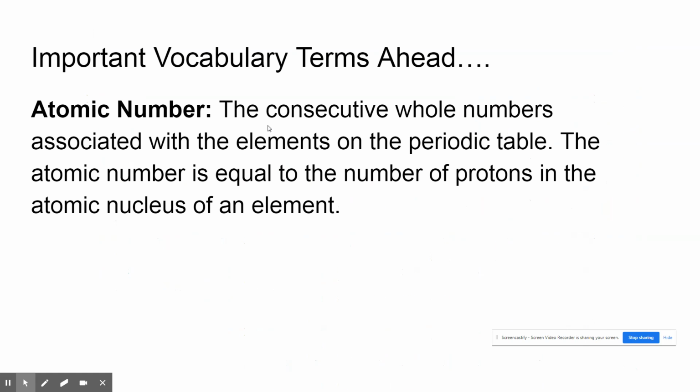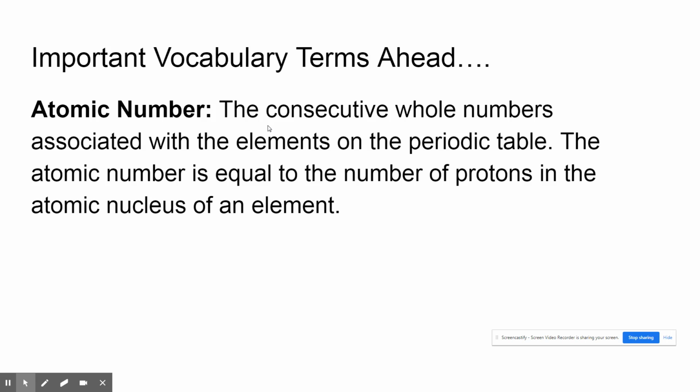Okay, so we're going to look at some important vocabulary terms throughout the rest of your presentation here. And with those, I'm going to break down more information about them. Okay, so atomic number is the first one. You heard me talk about that as I pointed out different things on the cards or on those periodic tables so far.